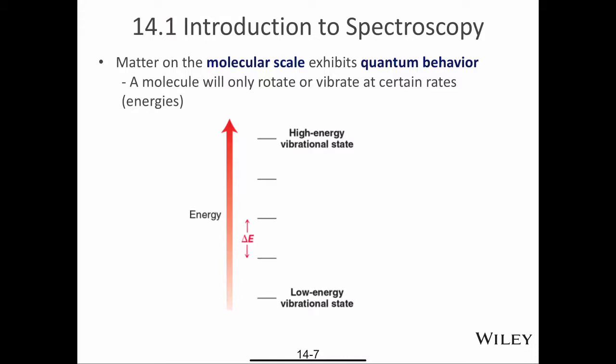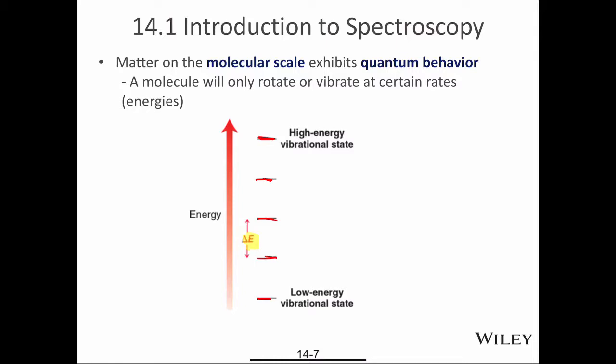For example, a bond in a molecule can only vibrate at these specific energy levels. The horizontal lines in the diagram represent allowed vibrational energy levels for a particular bond. The bond is restricted to these specific energy levels that are shown here, and so on and so forth. It's restricted to those energy levels and cannot vibrate with an energy that is in between the allowed levels.